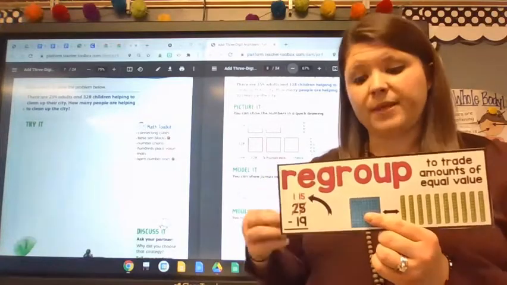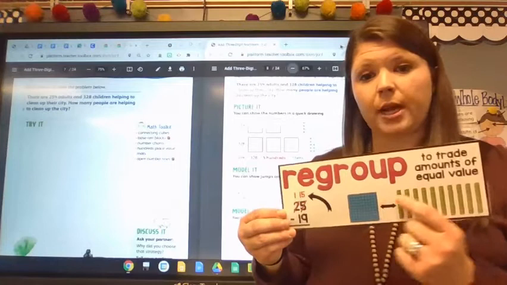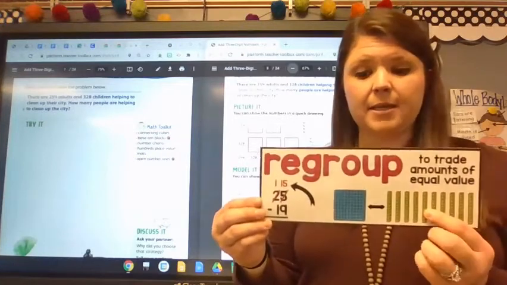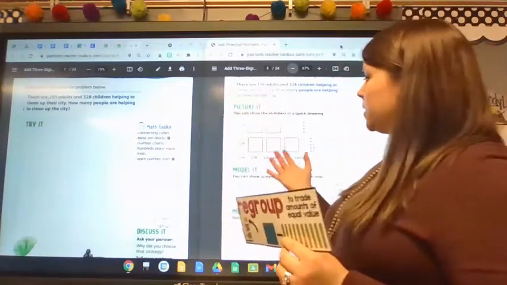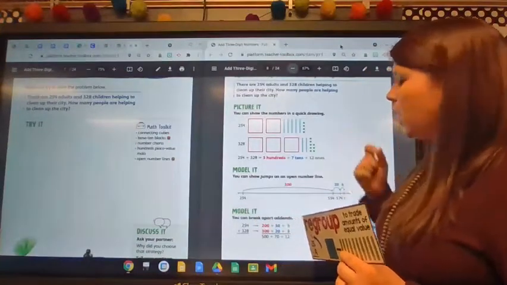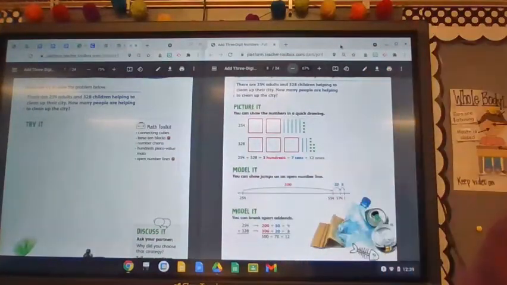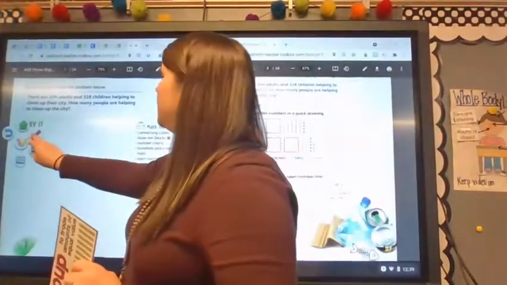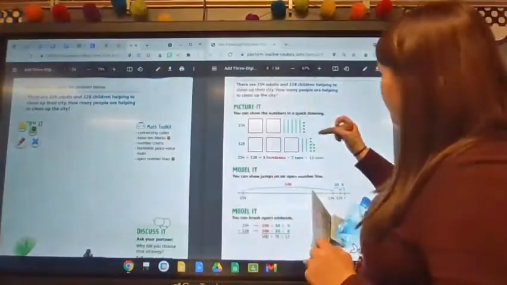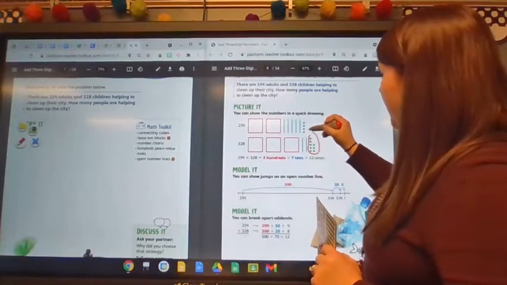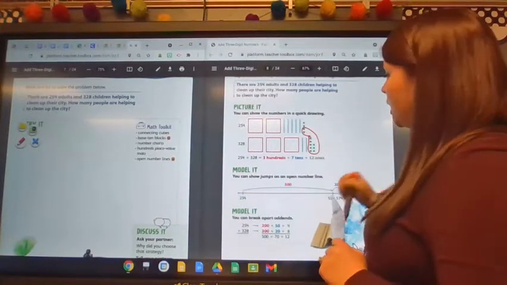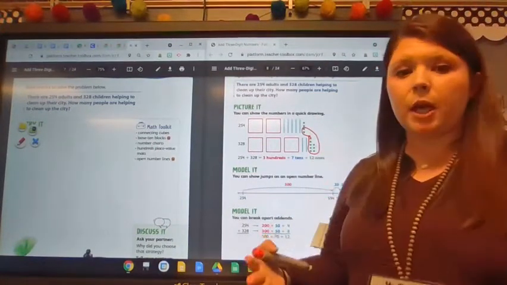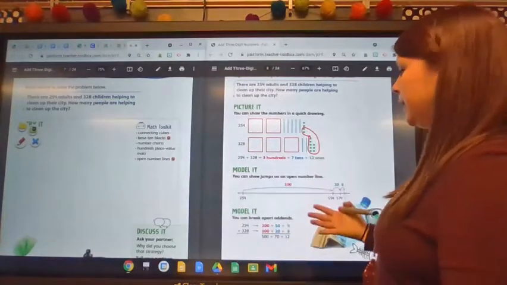Or you could do the opposite. You could take one group of 100 and regroup it as 10 tens. The same as we could do here with our ones. So we can group together 10 ones to make a group of 10. So here we have 8. We need to add 2 more to equal another group of 10.